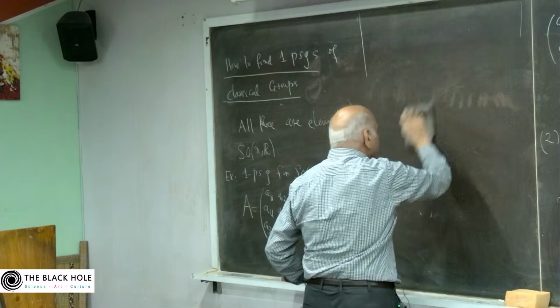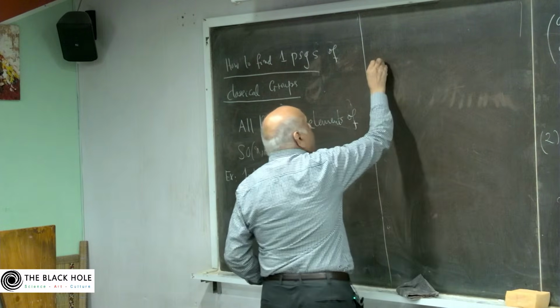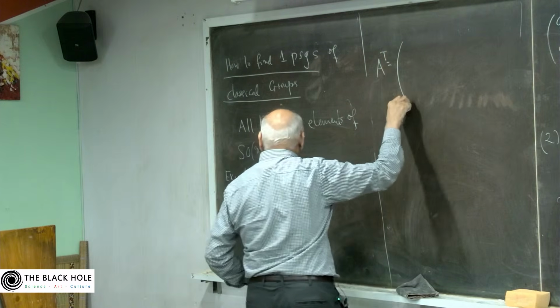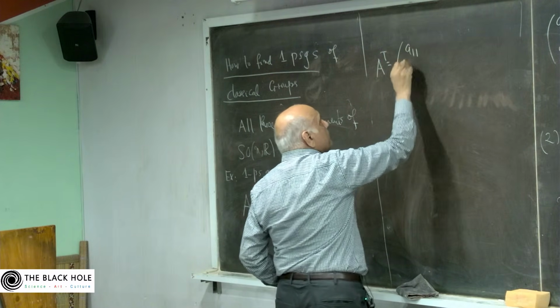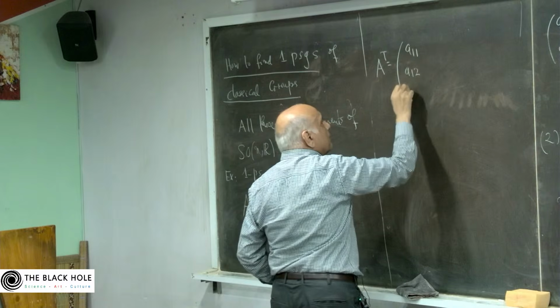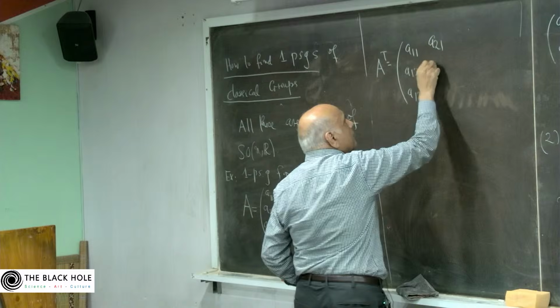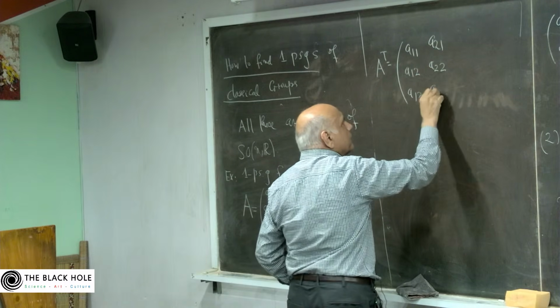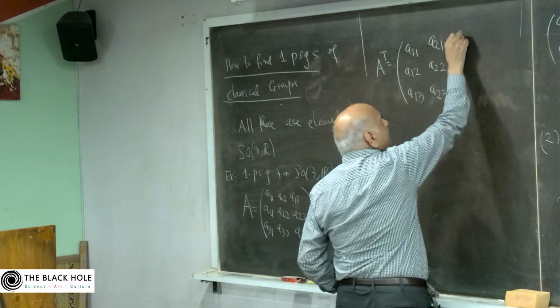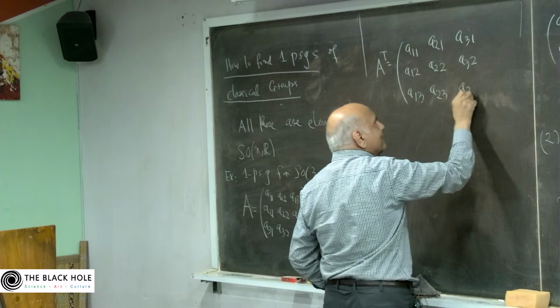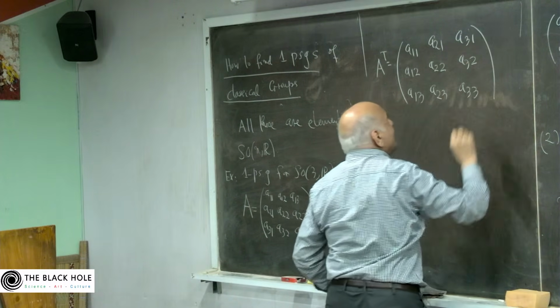So A transpose, this is A11, A21, A31, A12, A22, A32, A13, A23, A33. Okay.